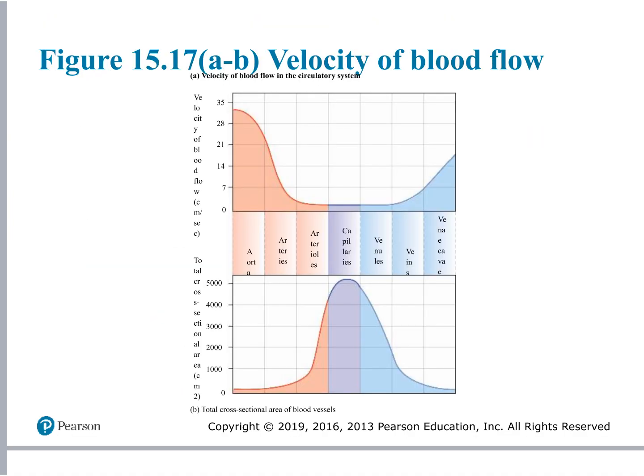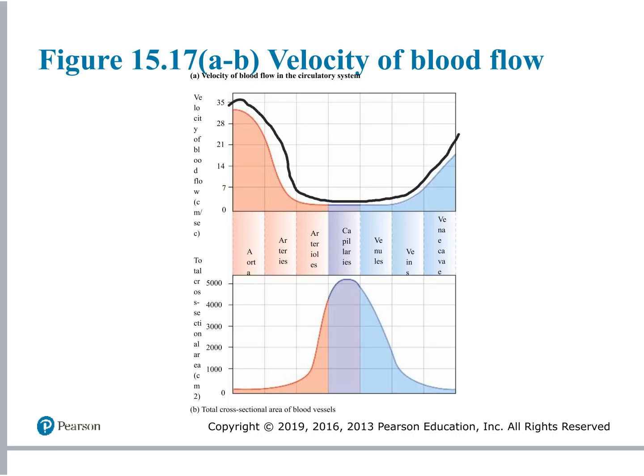This is an awesome picture showing you the velocity of the flow of blood as it goes through our system. It shows that the velocity of the blood as it goes through the aorta is really high, and then as we get to smaller vessels, it starts to get lower. And then the lowest velocity is through the capillaries, and then it goes back higher as the vessels get larger.